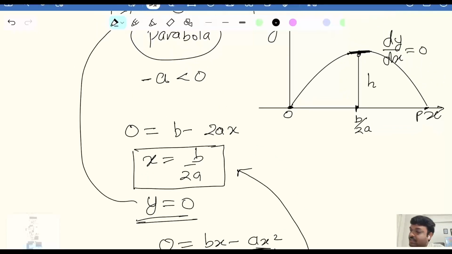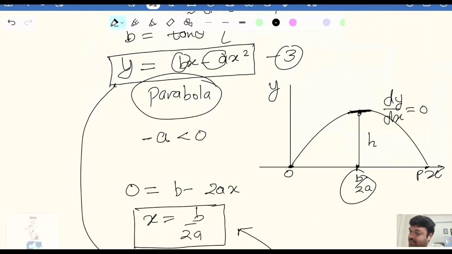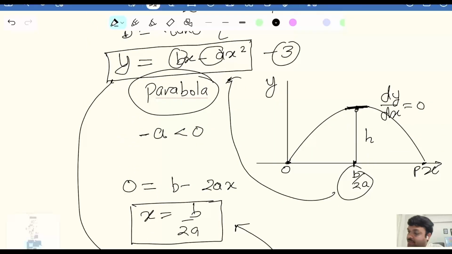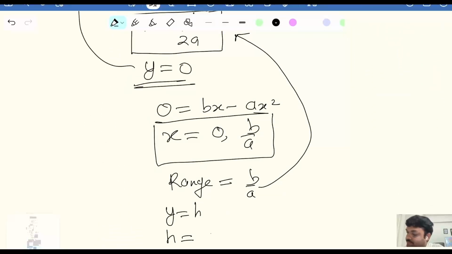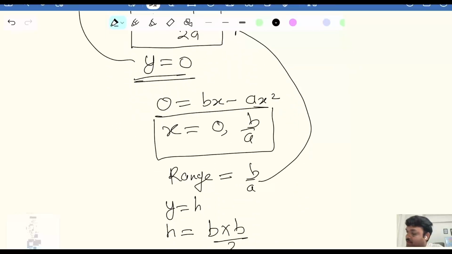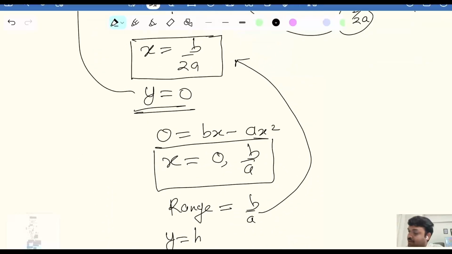What would be h? If we place this value in this equation, we can get the value of h. So y at y equal to h is bx, what is x? b multiplied by b by 2a, minus ax square.